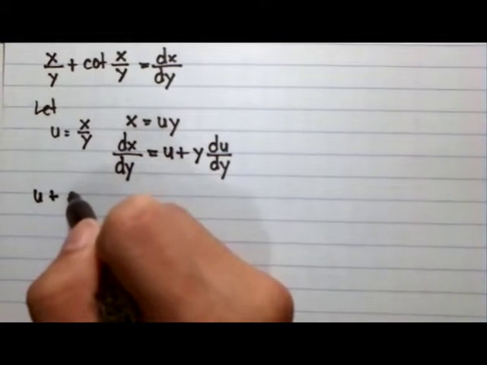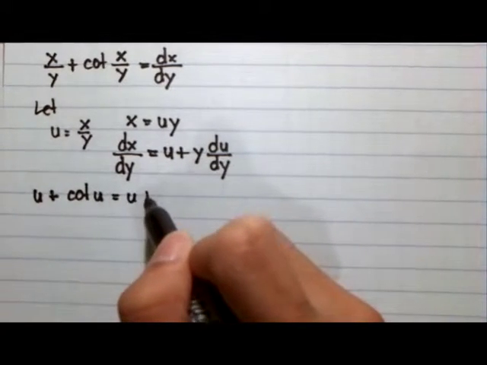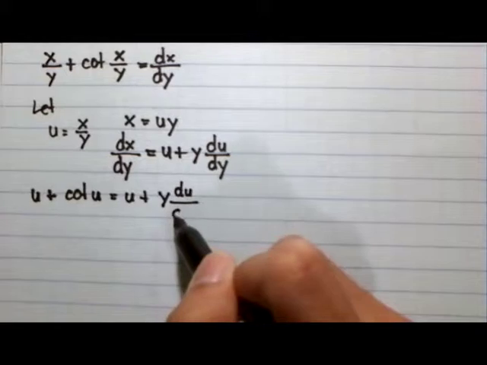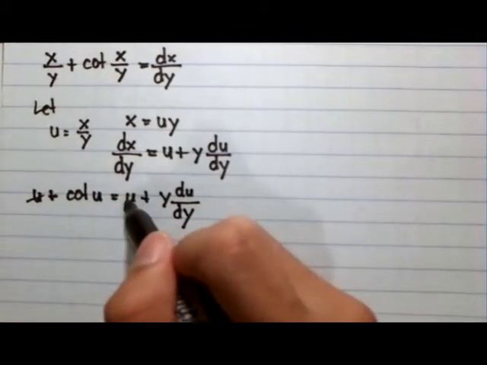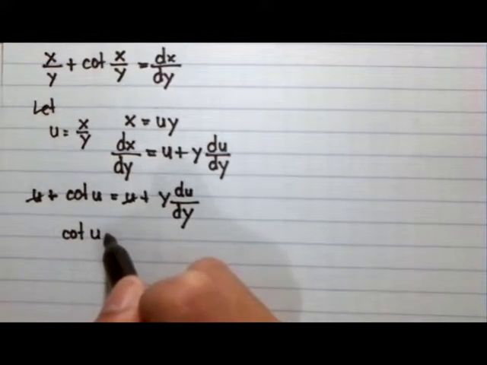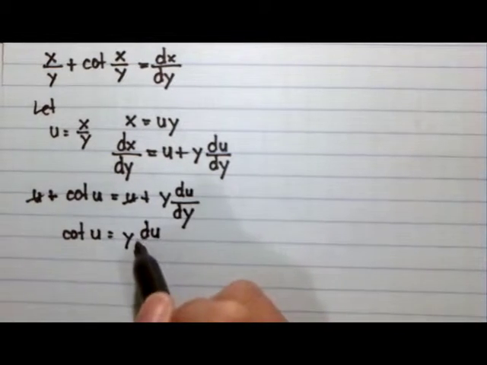So u plus cotangent u equals u plus y du over dy. And subtract both sides by u. So we get cotangent u equals y du over dy.